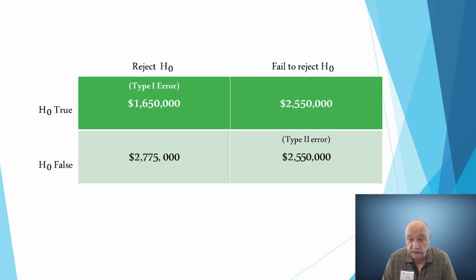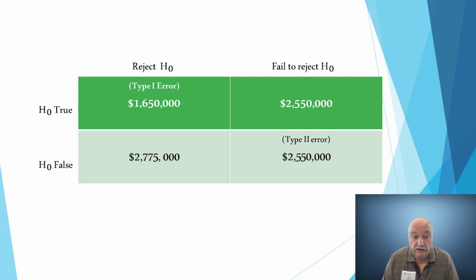If we don't make a mistake and we fail to reject the null hypothesis when it is true, okay, we make a profit of $2,550,000. In other words, if the null hypothesis is true and we make the correct decision, we make an additional $900,000. Or another way to look at it, if you commit a type 1 error, you're leaving $900,000 on the table.